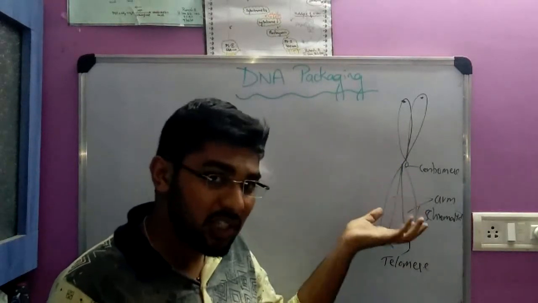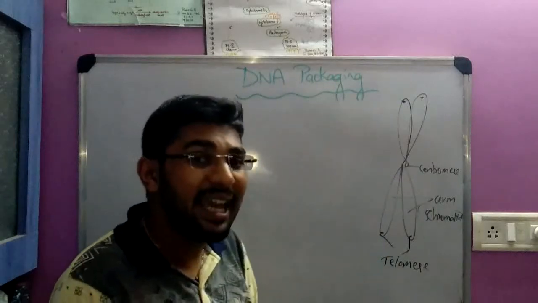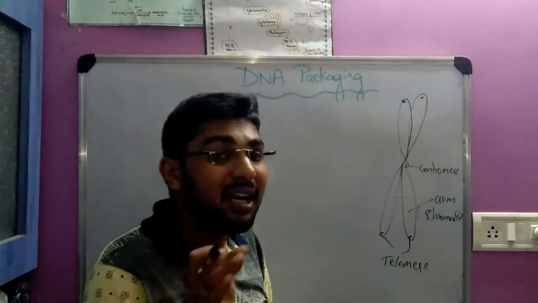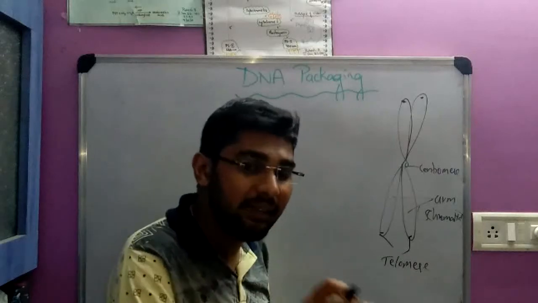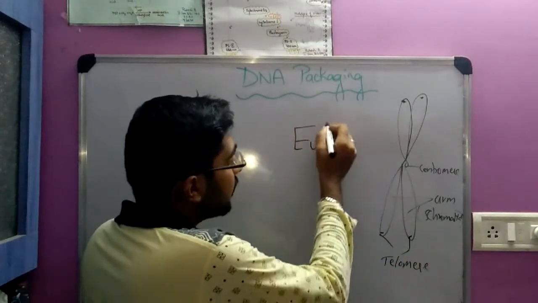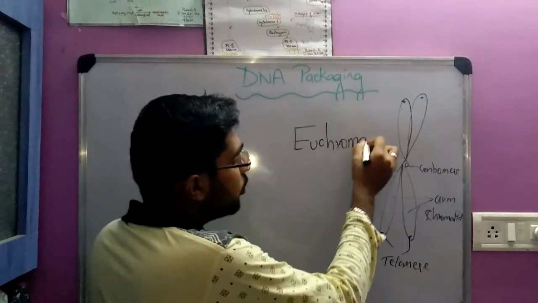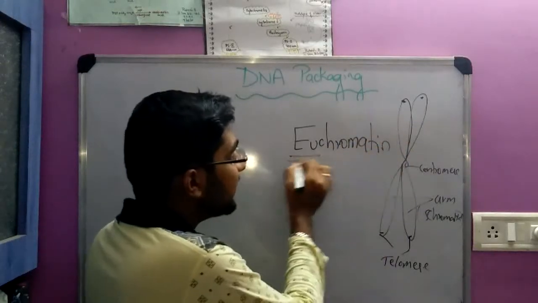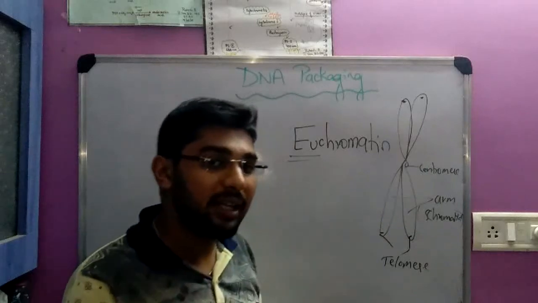When you stain with such a special stain, there are certain regions that take lighter stain and are transcriptionally active. Such regions are called euchromatin. U in the sense true. They are the true chromatin or true DNA.